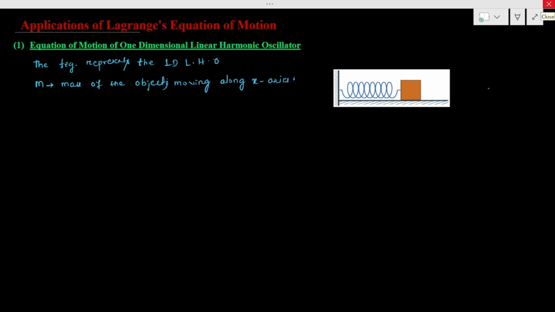For this dynamics, the kinetic energy T equals half m x dot square.